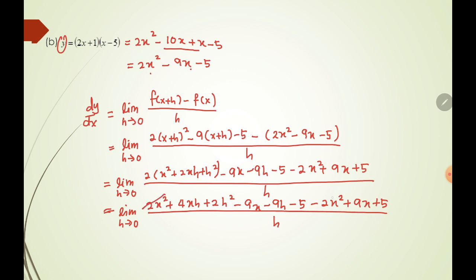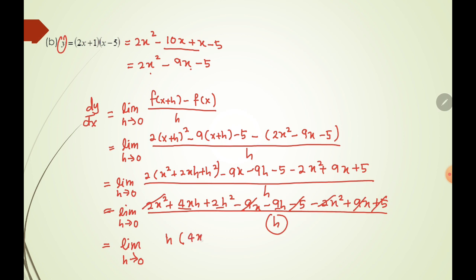Now we simplify this expression. We got 2x squared minus 2x squared equals 0, and minus 9x plus 9x equals 0, and then minus 5 plus 5 equals 0. So the remaining terms will have only h, where we need to factorize h so that we can divide by h here. We got 4xh plus 2h squared minus 9h. So we bring out h to factorize it.